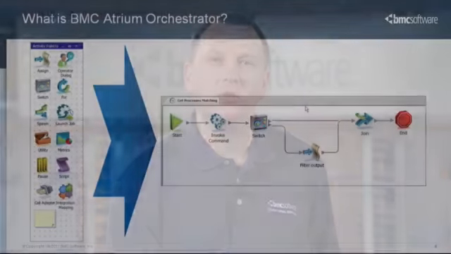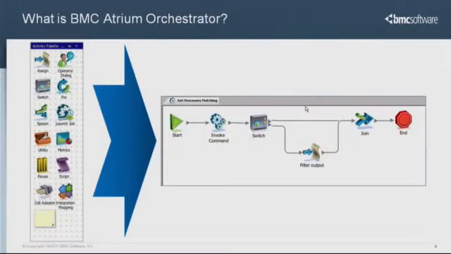Now, BMC Atrium Orchestrator itself contains a small tool set of activities, and we see here the activity palette. And from the activity palette, we are going to build these processes. And again, these are processes to automate your functionality.